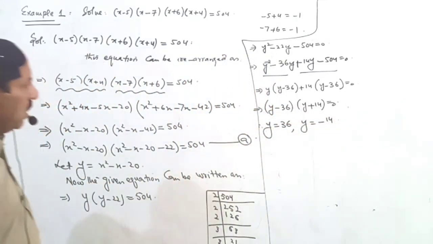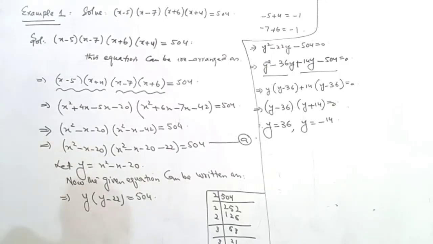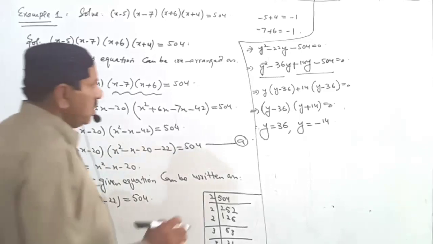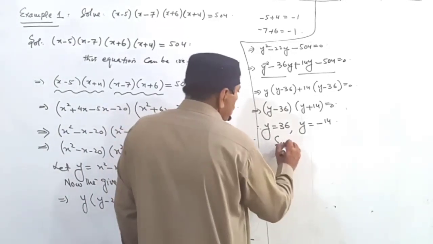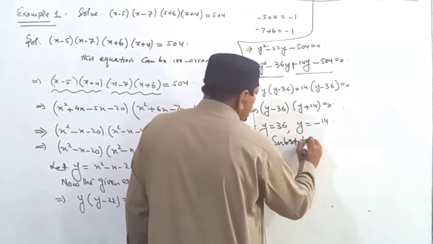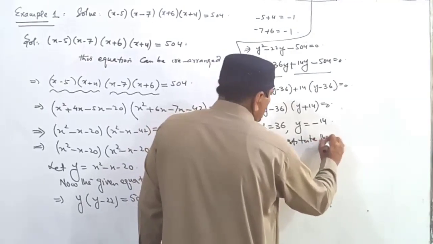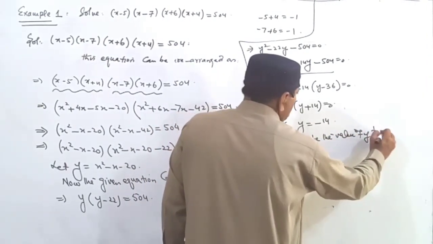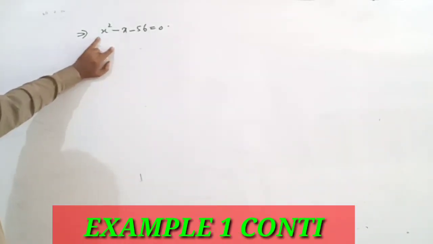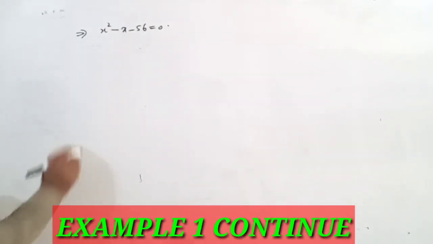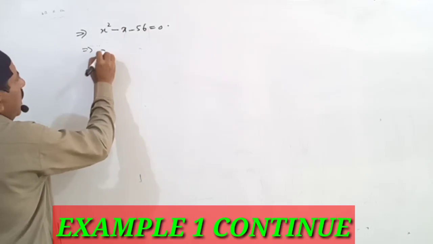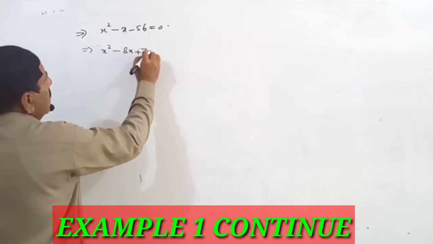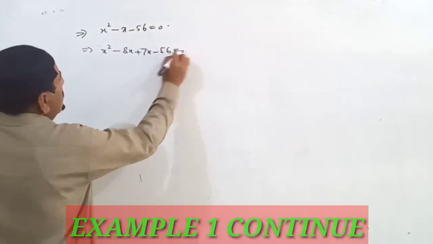So these are the related values of y, but we need the value of x. So substitute the value of y in terms of x. x square minus x minus 56 is equal to 0. So this will be x square minus 8x plus 7x minus 56 is equal to 0.